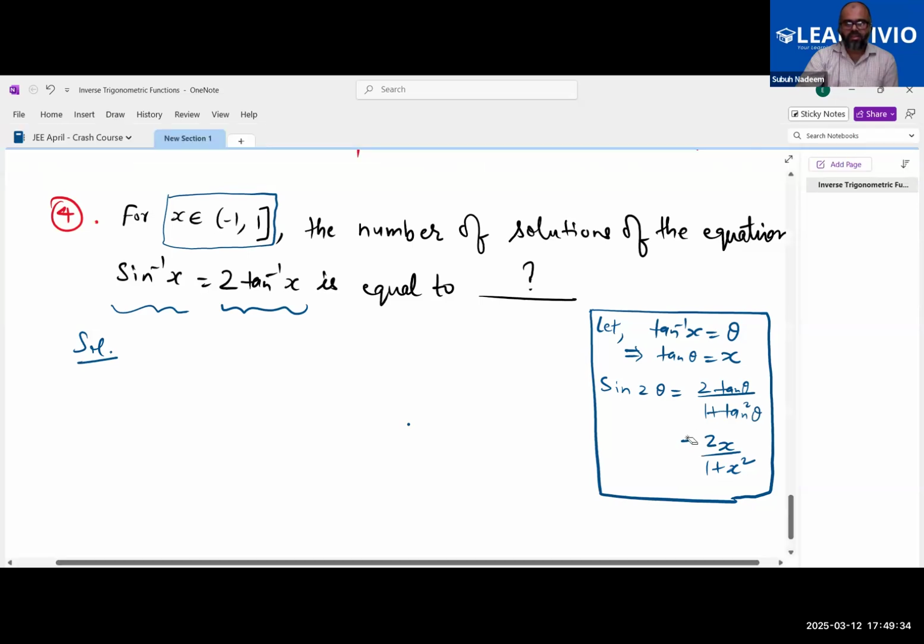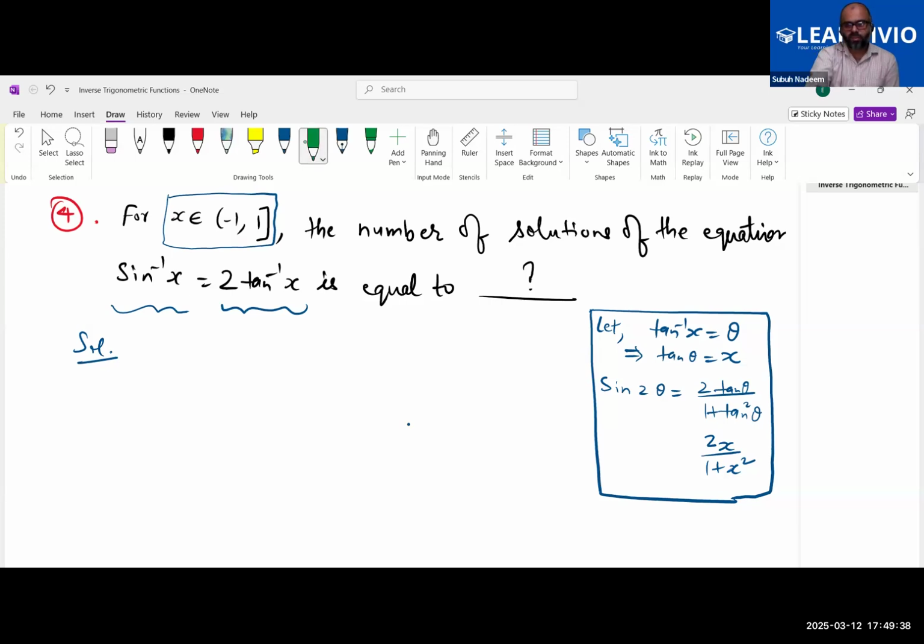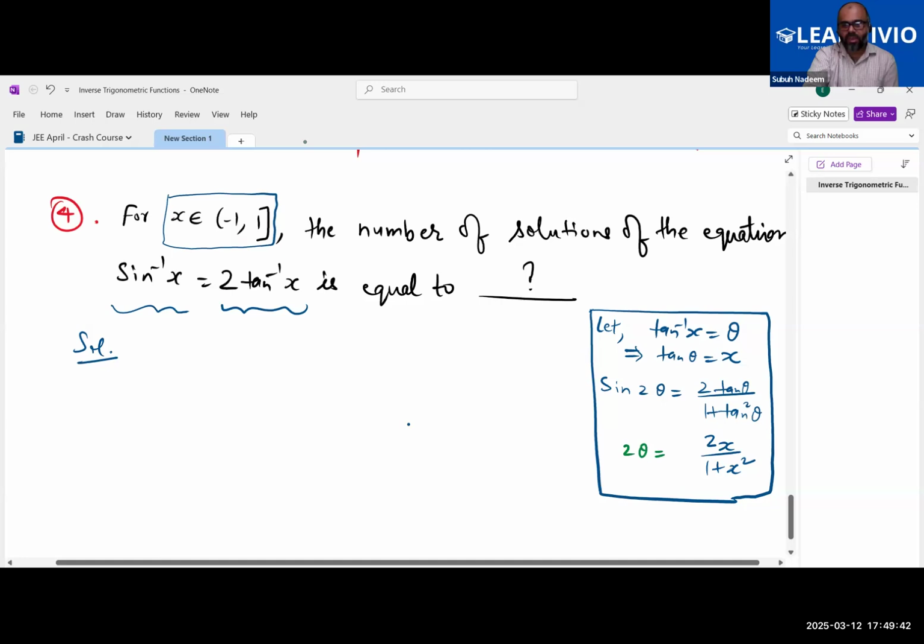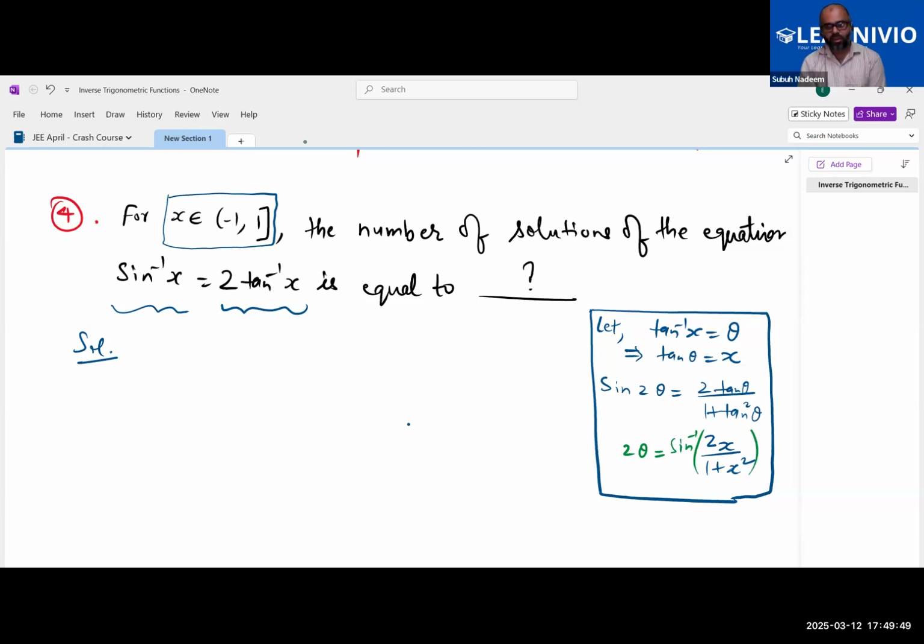Which means that 2 theta is equal to sine inverse of 2x by 1 plus x square. Since we know that x is between -1 to 1, it is very important to see this constraint also. What does it mean?